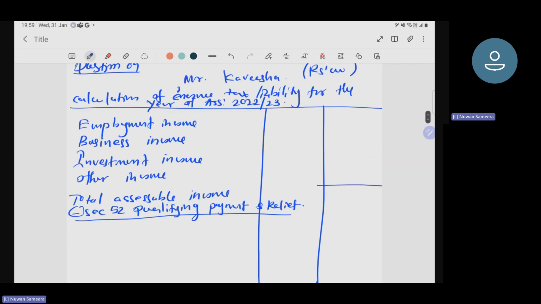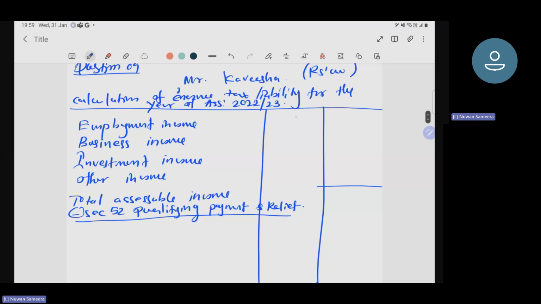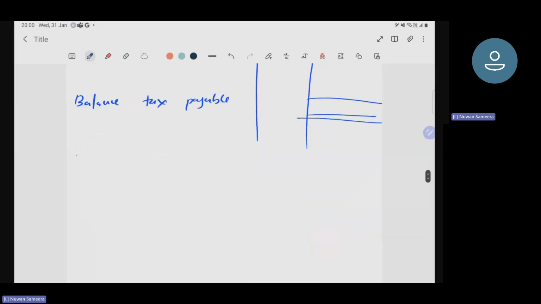So then here there is not enough space to calculate this employment income. Therefore, you need to calculate those things in a separate note. Note 1: Employment income.